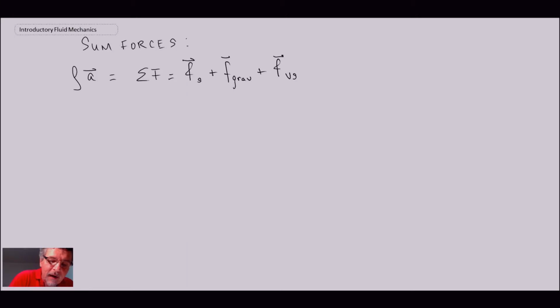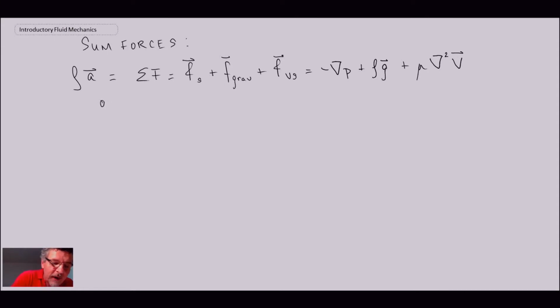So the left-hand side, MA divided by volume, gives us rho A. On the right-hand side, this will be equal to minus the gradient of the pressure field plus rho times the gravity vector plus this viscous shear force that we talked about.